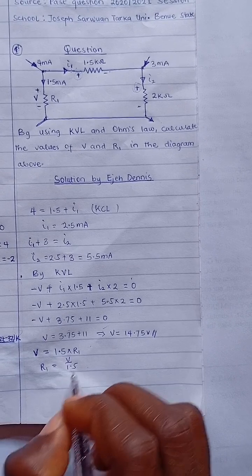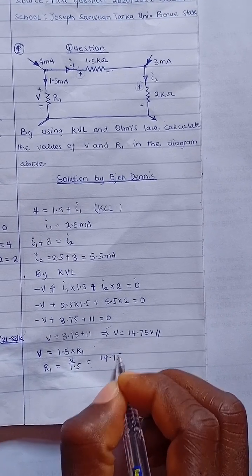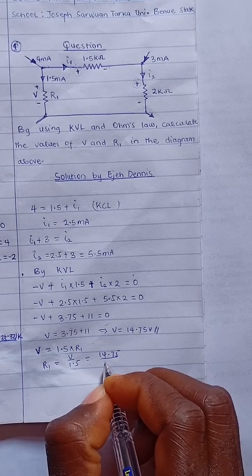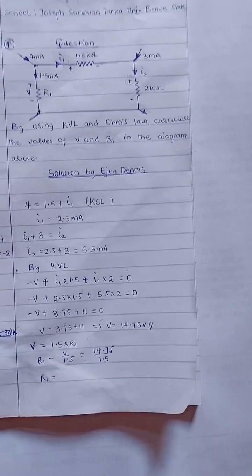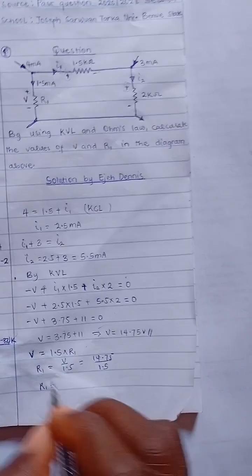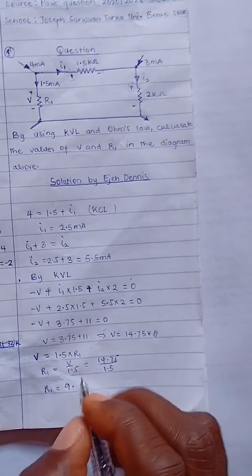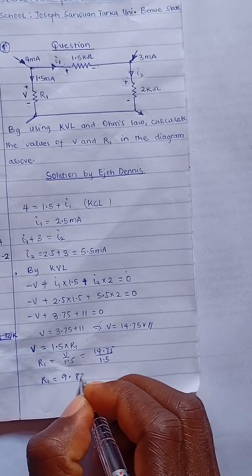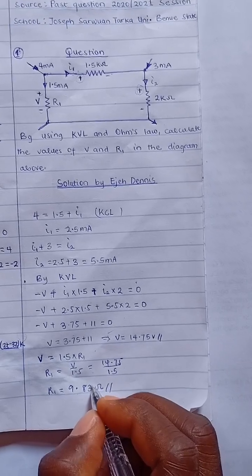If you make R1 the subject of the formula, that will be 14.75 divided by 1.5. So R1 would give, if you use your calculator, 9.83 ohms as your answer. Sorry, this is kilo ohms, right?